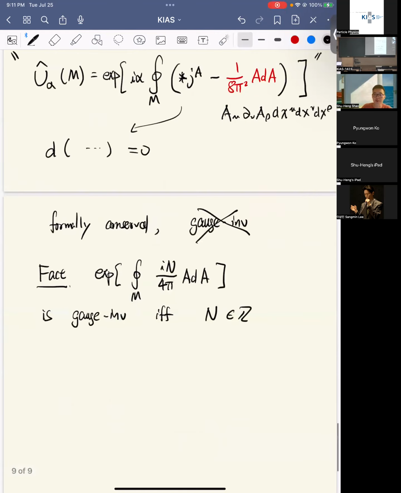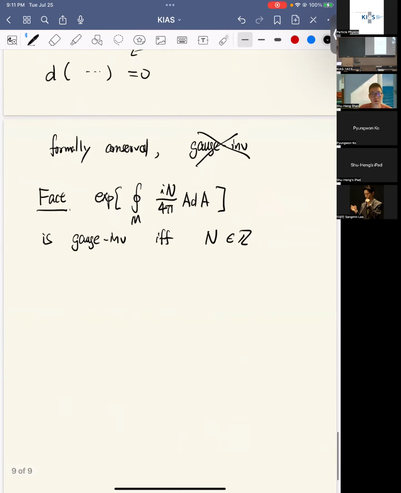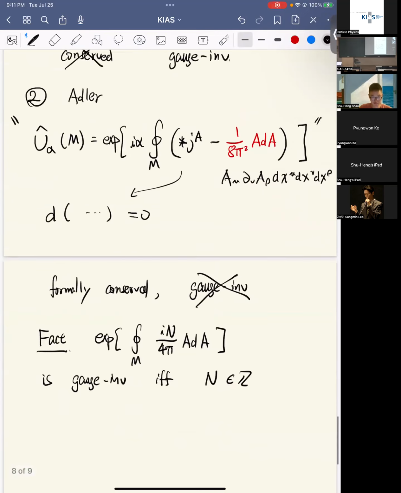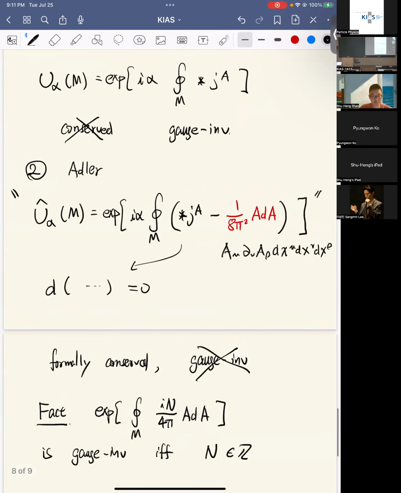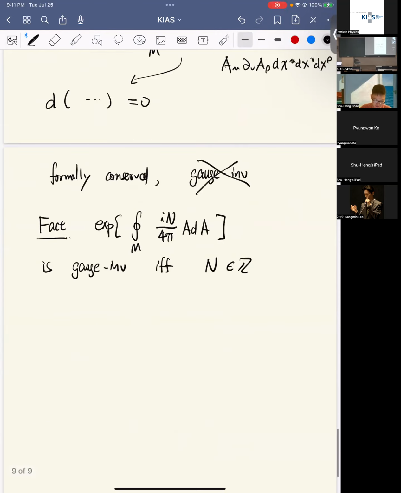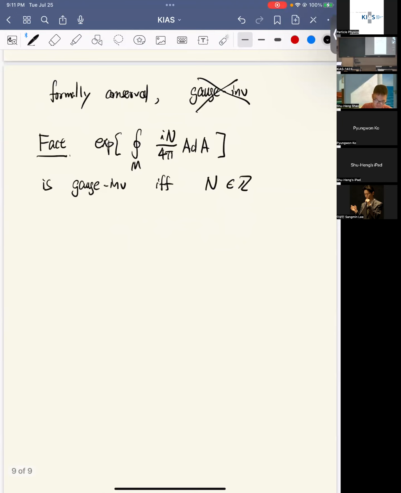Question? Yes, please. Could you explain a bit more the gauge invariance of this operator, in particular the exponential of A wedge dA? Yes. If we consider the gauge transformation of A, we have d lambda wedge dA, right?